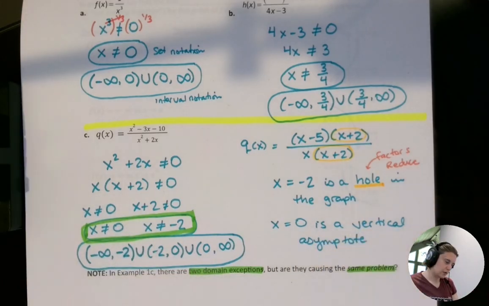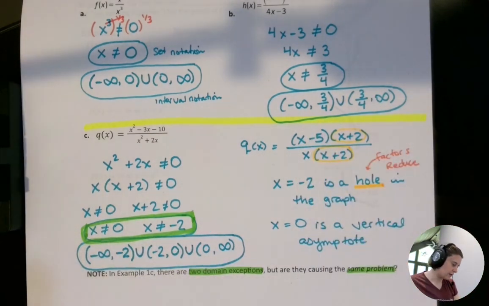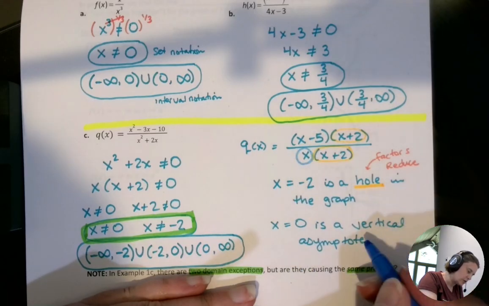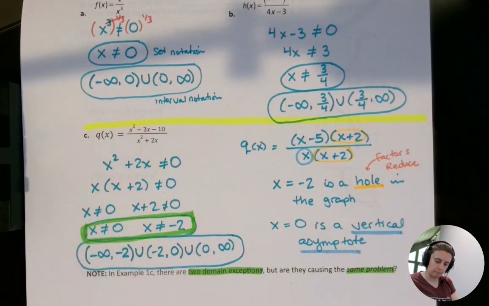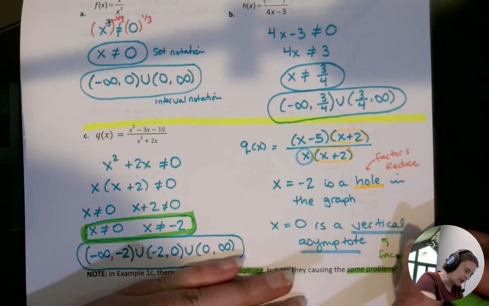Okay, so this other factor, let me use a different color here, this other factor came from something that did not reduce, so it's going to be a vertical asymptote. This was because the factor does not reduce.